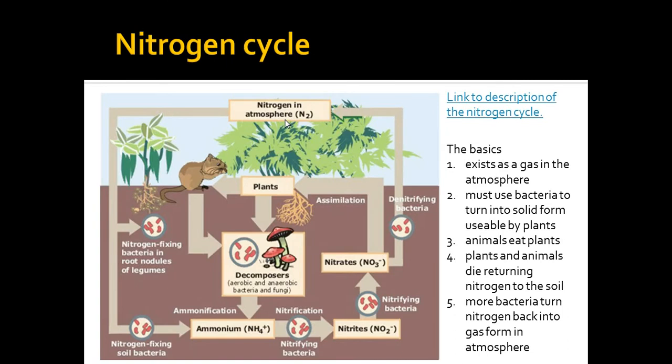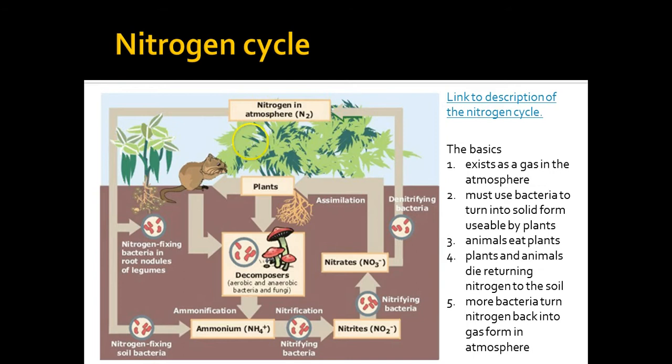The nitrogen cycle is a little more complex. Nitrogen must have certain types of bacteria in order to complete its cycle. If you start out with it in its gas form in the atmosphere, certain kinds of bacteria turn it into a solid form that plants can use as part of their nutrients. Animals then eat the plants.